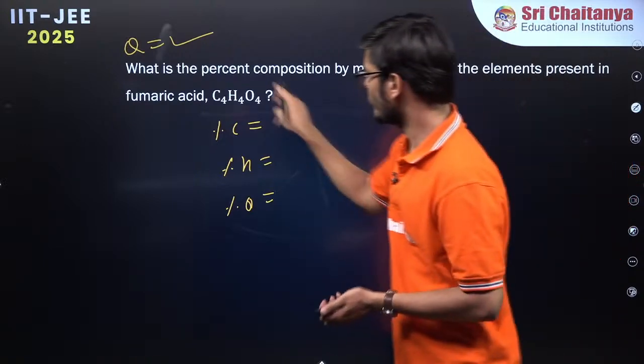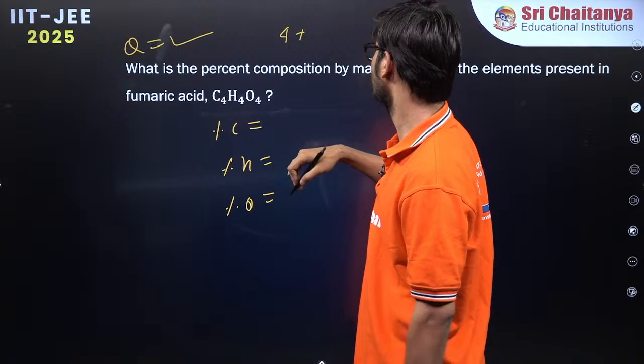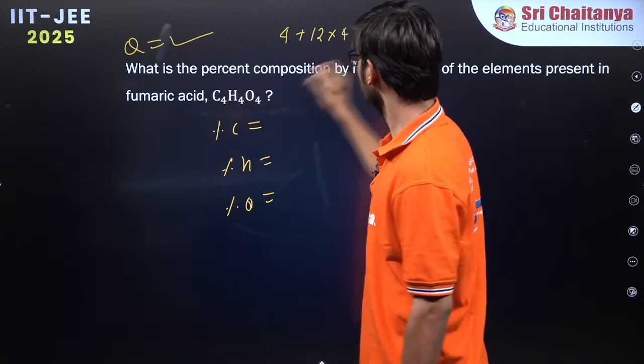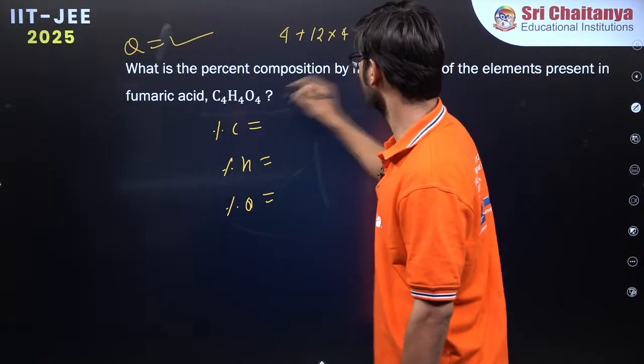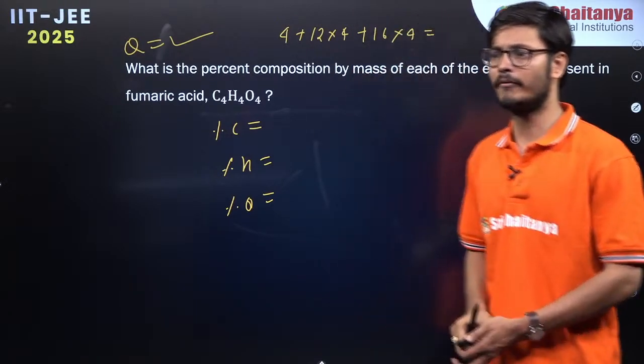What is the molar mass? 4 hydrogen plus 12 into 4 for carbon plus 16 into 4. This is the total mass we are having.